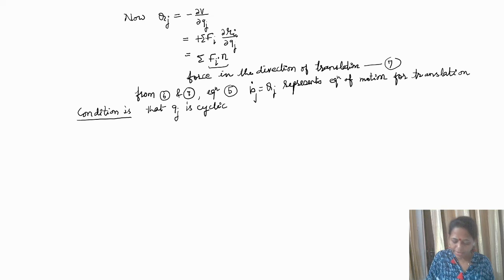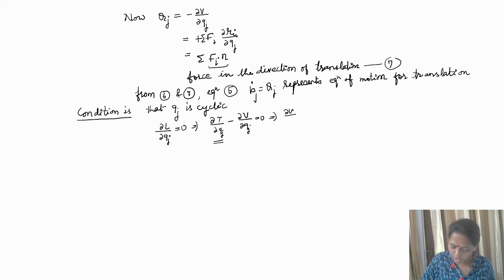If Qj is cyclic, then delta L by delta Qj is 0, which implies delta T by delta Qj minus delta V by delta Qj is 0, but delta T by delta Qj is already 0, so delta V by delta Qj is 0, and this means that Qj is 0.